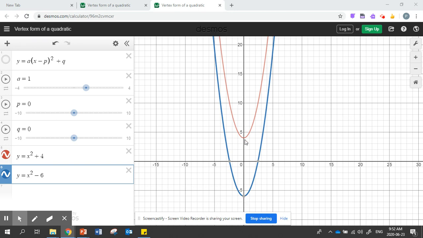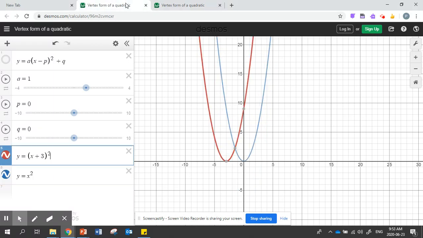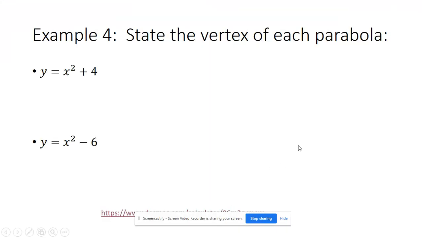So the same idea over here. The shape of the graph is exactly the same. It's just been shifted up or shifted down. So the plus 4 moved the vertex 4 units up. The minus 6 moved the vertex 6 units down. All right, so back to our thing over here. I'm going to quickly sketch each of these guys. So this one was 1, 2, 3, 4, and the vertex was up like this.